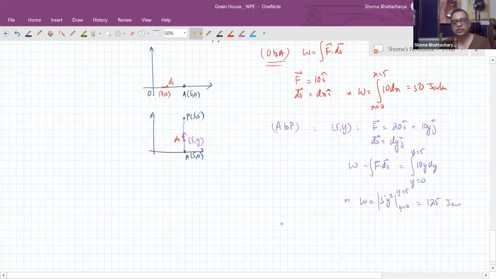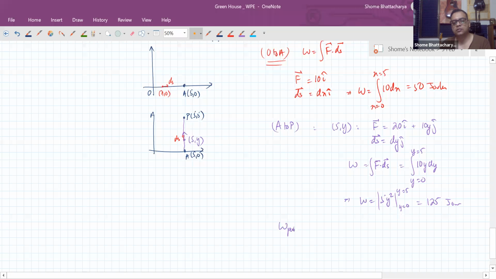Okay, so now the work done in path 1, this total thing, is the work done from O to A plus the work done from A to P. So it is 175 joules, positive 175 joules. This is the work done for path 1.